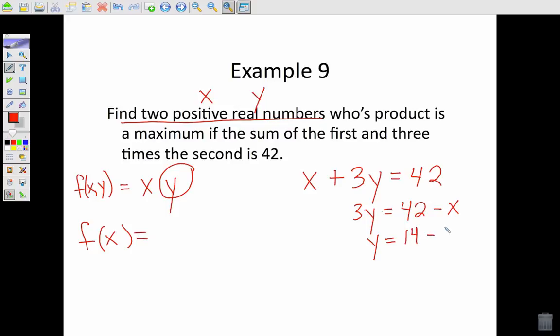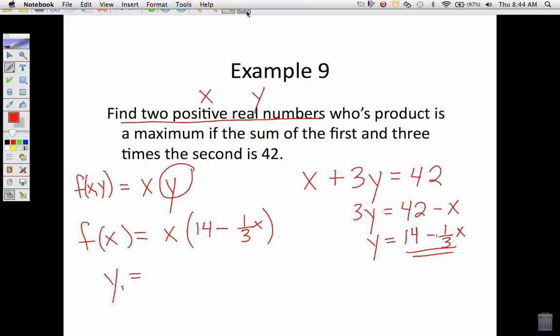Y equals 42 divided by 3 is 14, and then minus 1/3 x. What I can do is I can place that into my function. So I've got x times 14 minus 1/3 x. We can take this right here and graph it into y1, and we could figure out our values.